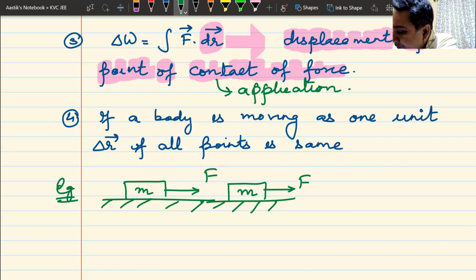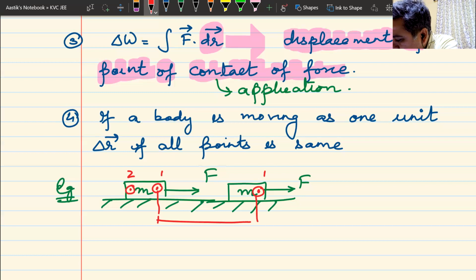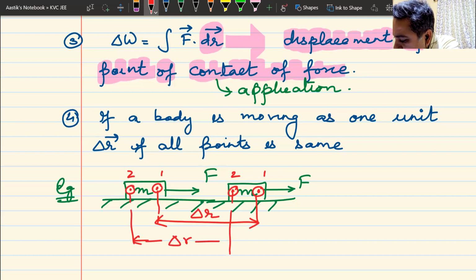Now, if I take point number 1 here, point number 2 here, and look at the displacement of these two points, point 1 has moved from here to here. If I call this displacement delta r, you can understand that point 2 also has the same displacement. Do we understand this? Can I have some raised hands? So when a body is moving as one unit, the displacement of all the points is the same.